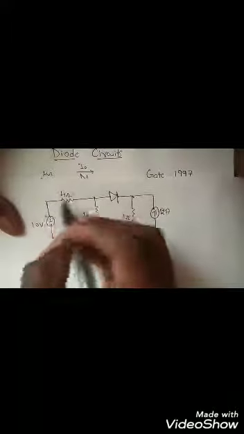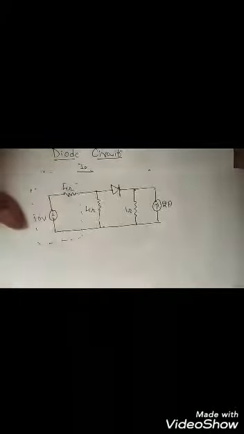So here now let us consider this circuit. So now let us take this circuit. Here we can convert this part of voltage and resistance. So we can convert this part of voltage source into current source.